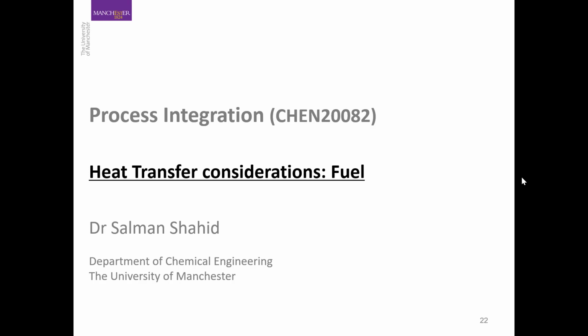Two things to clarify here: first, we will be dealing with direct fire heaters that use radiation and convection. So we are not going to talk about other types of fire heaters from now onward. And the second thing is that we are going to deal with fire heaters that heat the process fluid directly.